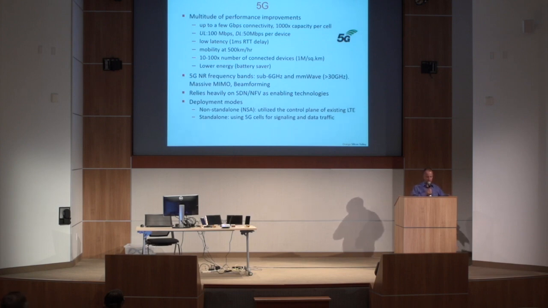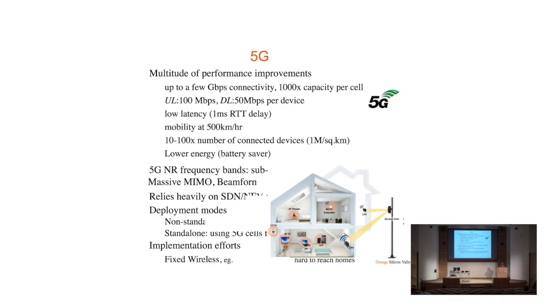The two deployment modes today: one is non-standalone, the NSA. That's where it utilizes the control plane of the existing LTE in 4G. And the standalone, which is the next step, is to essentially have a pure 5G network in terms of the signaling and the data traffic.